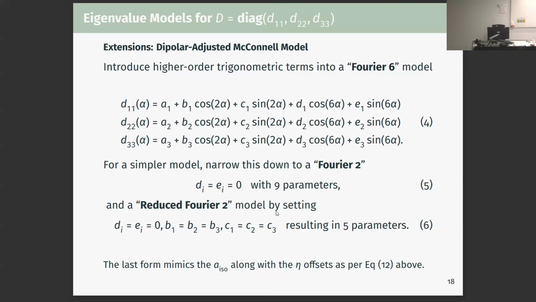Then we specialize a little bit further by eliminating the 6 harmonics, and then even more by adding these constraints in. And we have then, presto, 3 more generalized Ricardo-based eigenvalue models.